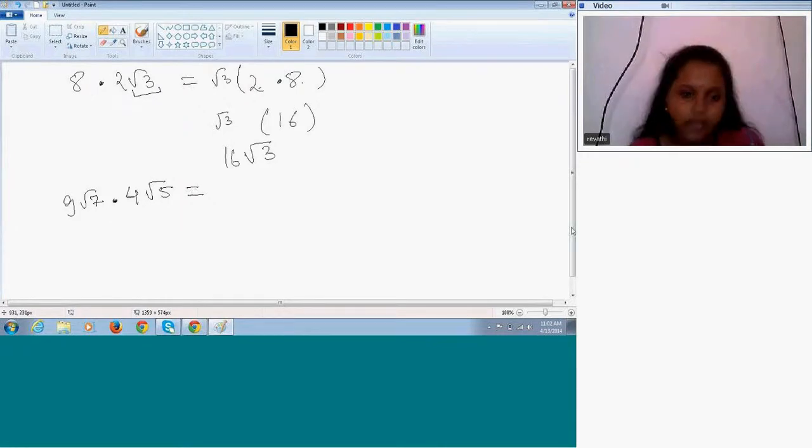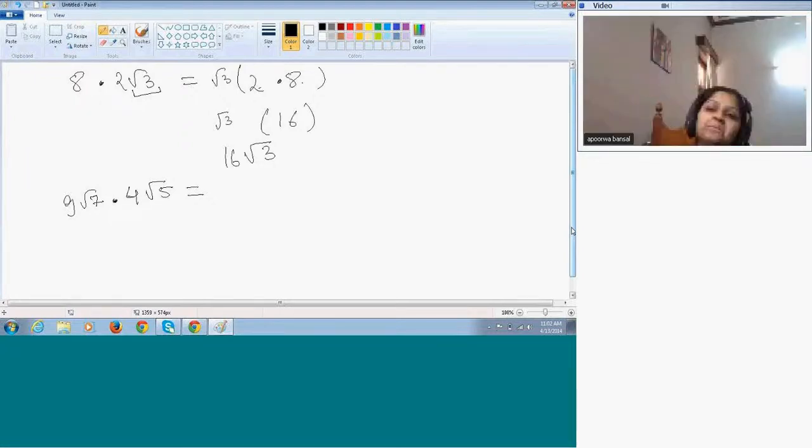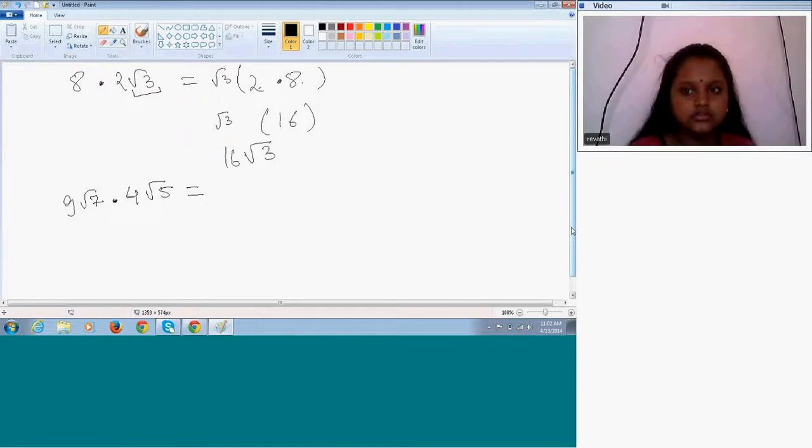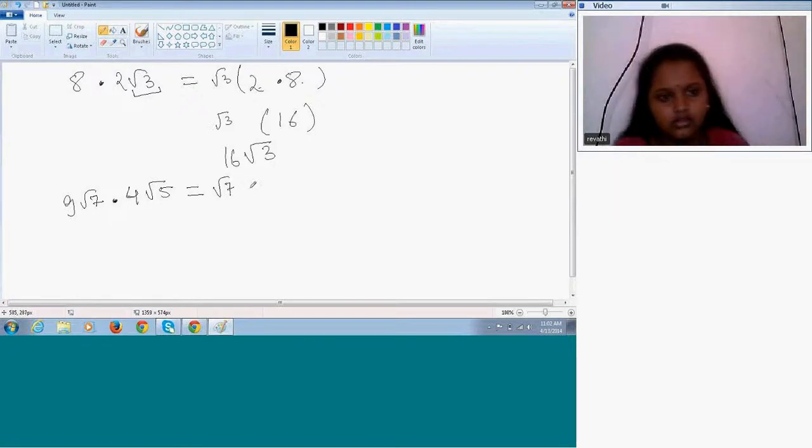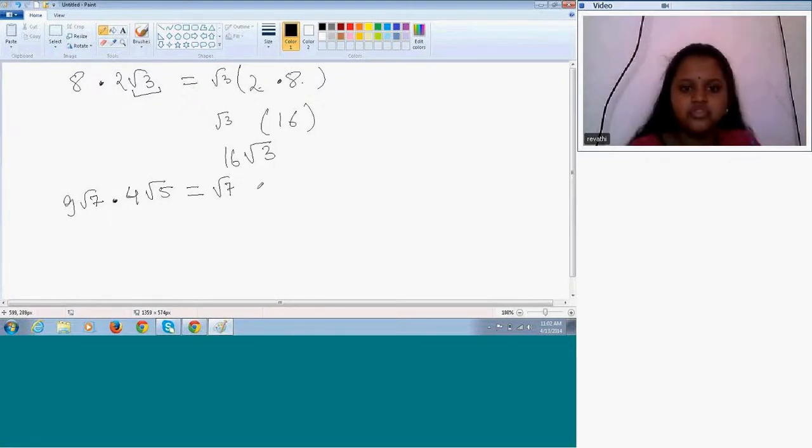It's not a pair, miss. So root 7, root 7. 9 times 4. Absolutely correct. This is how much?